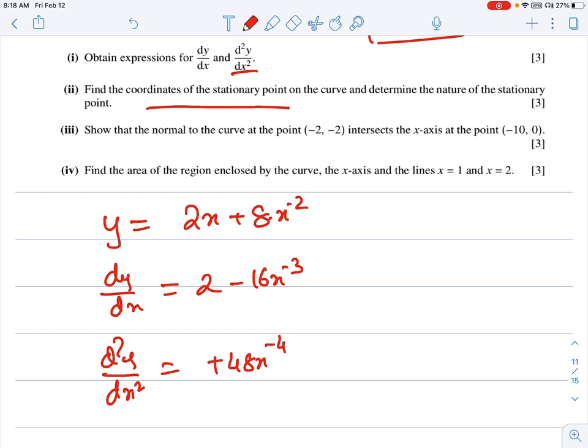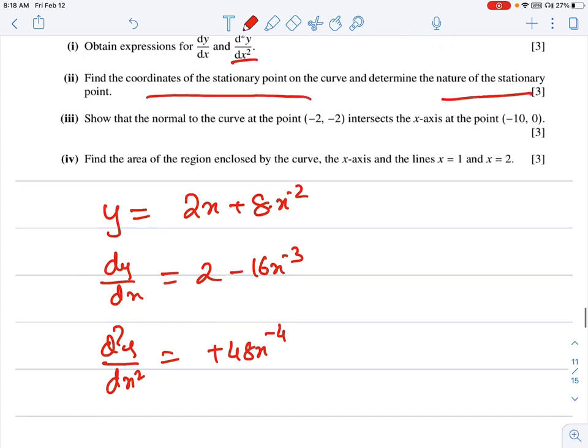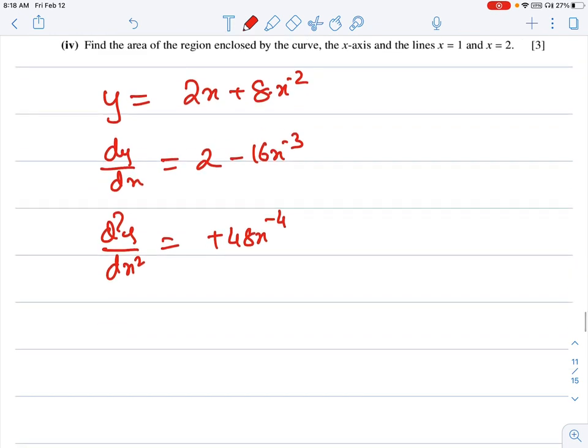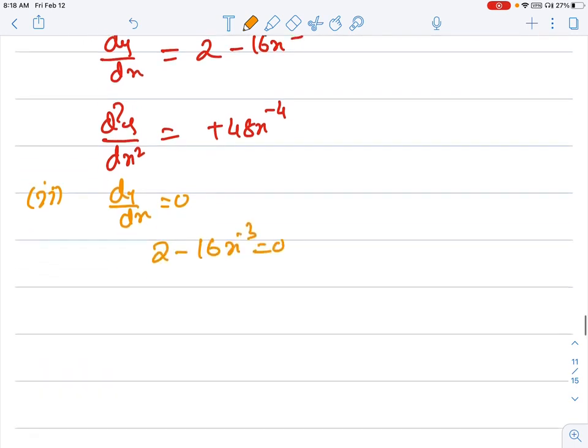Find the coordinates of the stationary point and determine the nature of the stationary point. Coordinates of the stationary point means the first derivative should be equal to 0. So equate dy by dx equal to 0. So 2 minus 16x to the power minus 3 is equal to 0. So 2 is equal to 16 upon x cube, x cube is equal to 8, x is equal to 2.